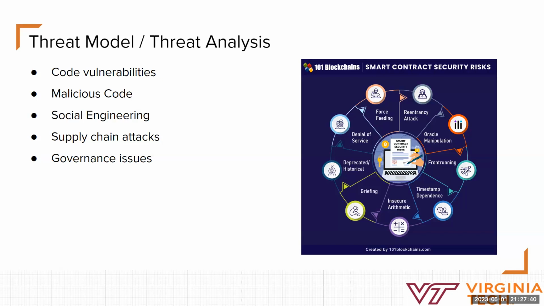Then there's also the risk of malicious code. Malicious code can be responsible for a denial of service attack, or for entirely removing contracts off the blockchain or making them useless. Then there's social engineering attacks, which revolve around phishing attacks or pulling data from social media websites and all. Then there's supply chain attacks.